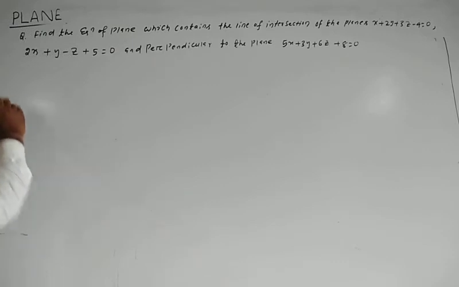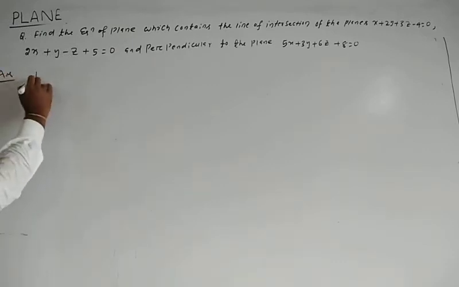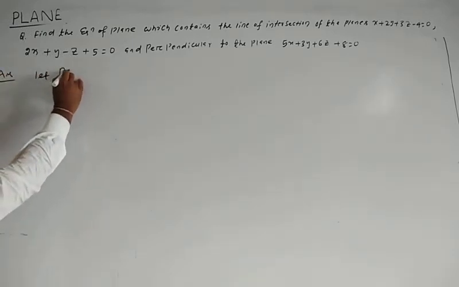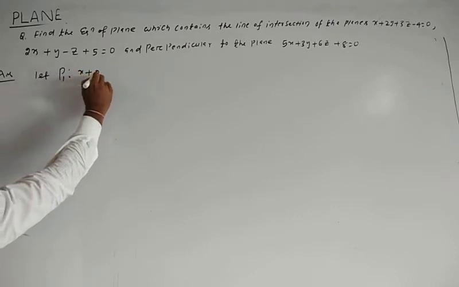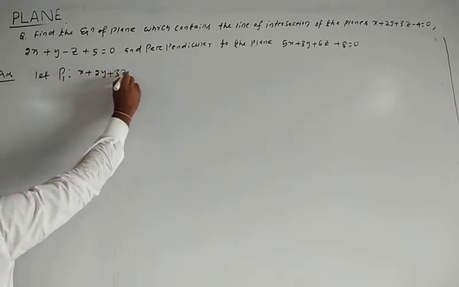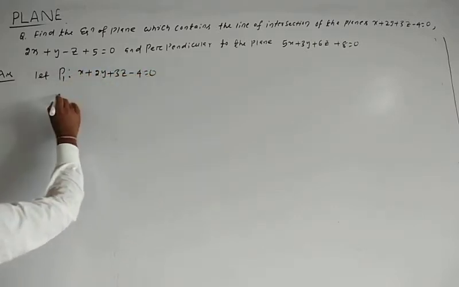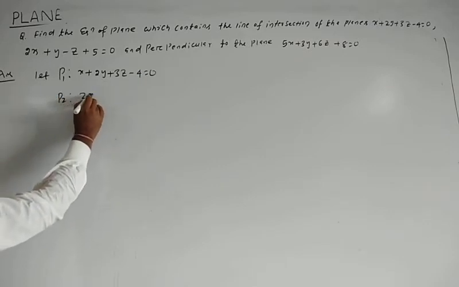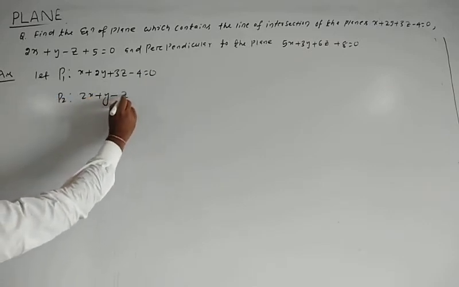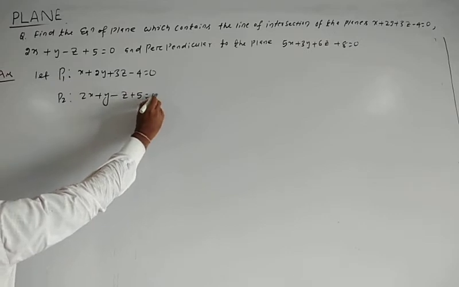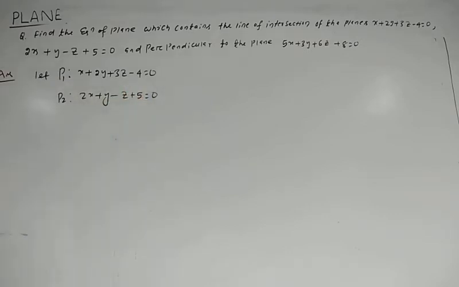Let P1 be x plus 2y plus 3z minus 4 equal to 0, P2 be 2x plus y minus z plus 5 equal to 0. So the equation of the line of intersection of the planes is P1 plus kP2 equal to 0.